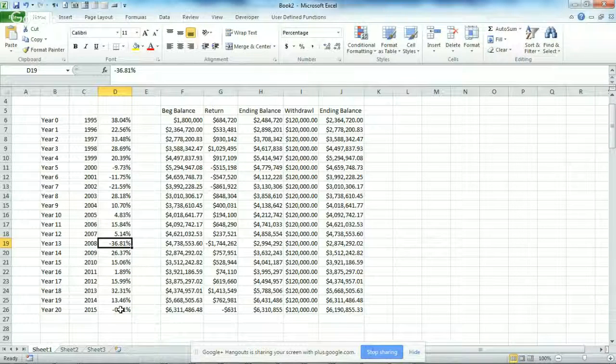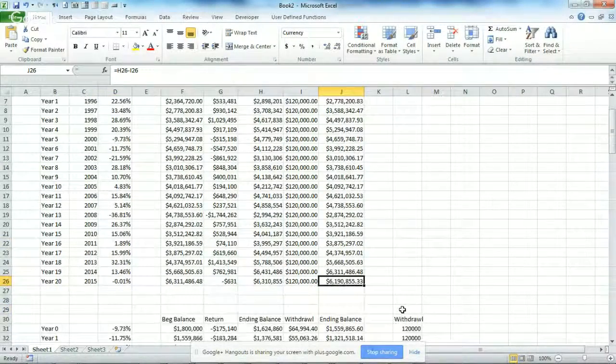And 2015 is basically flat. So even in the 20-year period, there were 1, 2, 3, 4 years of negative return. And then you basically went through two bear markets, and you still ended up with about $6.1 million, which is great.